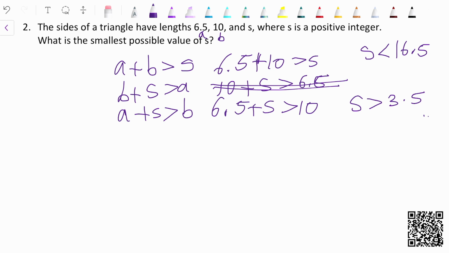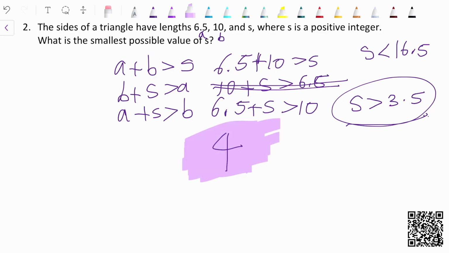So since we are looking for the smallest possible value of s, we're going to use this inequality. Since s has to be greater than 3.5 and s has to be an integer, the closest integer to 3.5 that is greater than it is 4. Therefore, the smallest possible value of s is 4.